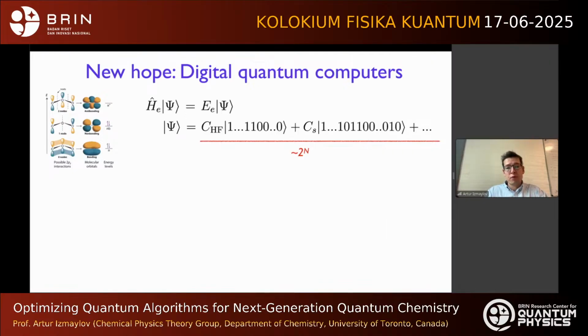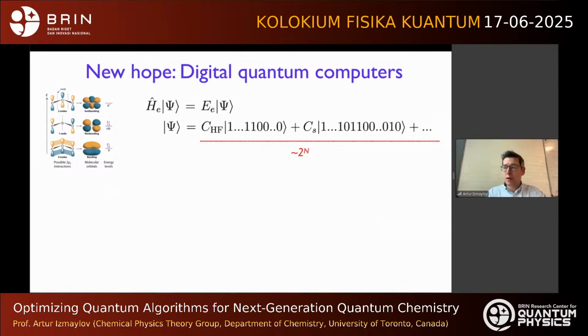Now, the solution for the full problem could be written, the line which is there is for the wave function psi, as a linear combination of Slater determinants.